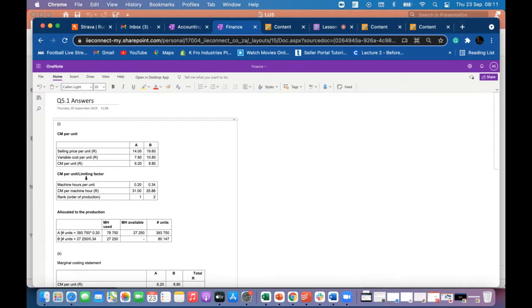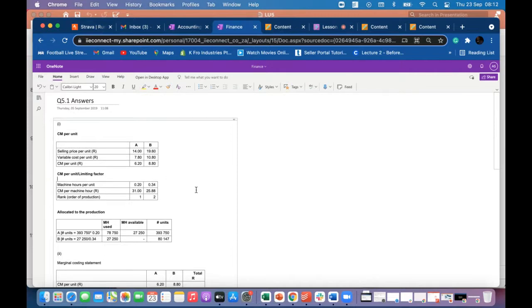Now we want to find out what is the marginal income, also known as the contribution, per unit, per limiting factor. So we know the machine hours per unit for A. Remember, they said in the book per 1,000 units, so 200 per 1,000.